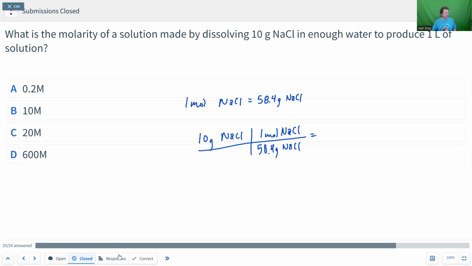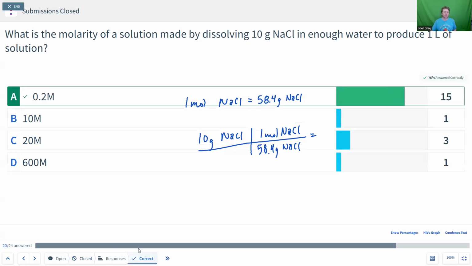Which one of those is closest to 0.17? 0.2. 0.2 is the correct answer for this. So you need to do 10 divided by 58.4 because you need to take the mass that is provided to you and divide it by the molar mass to figure out the number of moles.